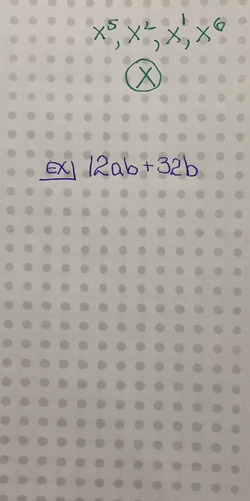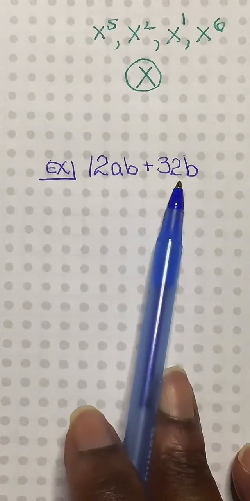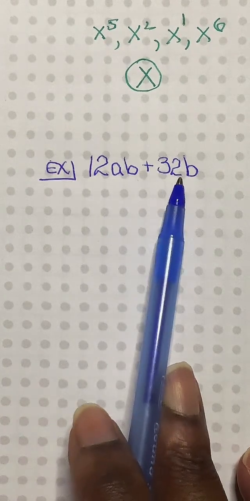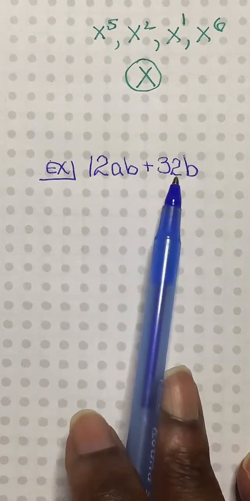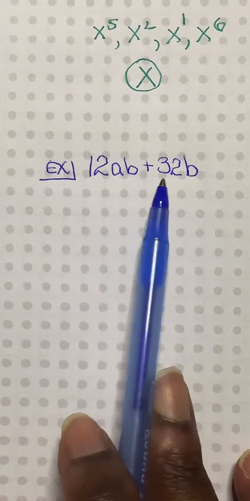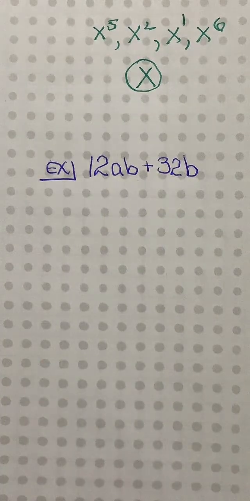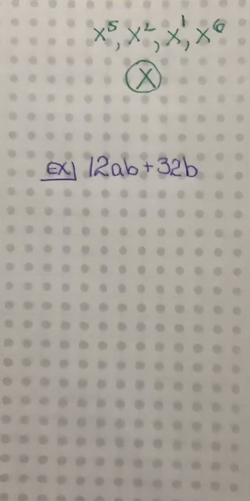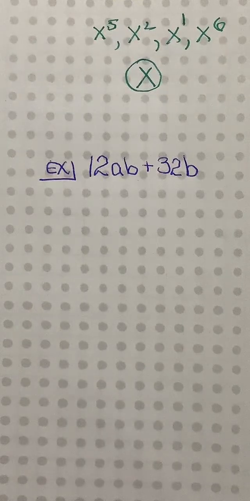Okay, Nicole, take a look at the two terms. Are they exactly the same? If they're exactly the same, yes, you can add them together. Okay, my bad. 4, yes, 4 is the GCF.